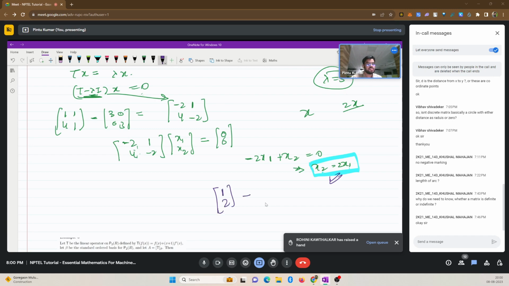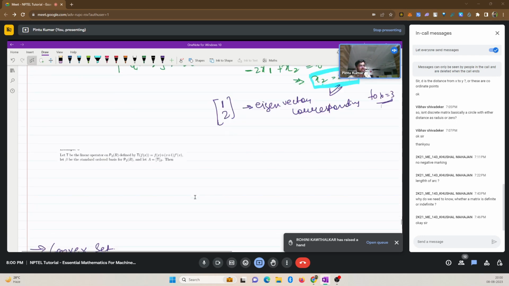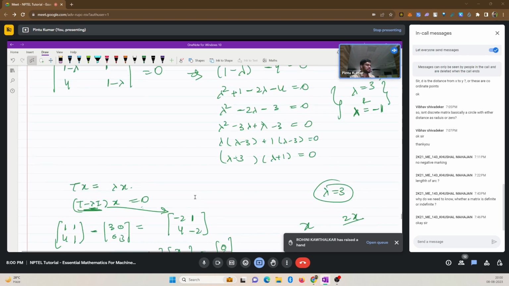So (1, 2) is an eigenvector corresponding to lambda equal to 3. This is how we find eigenvalues and eigenvectors for a given matrix. Or if you have some transformation, you can convert it to a matrix and then use these methods.